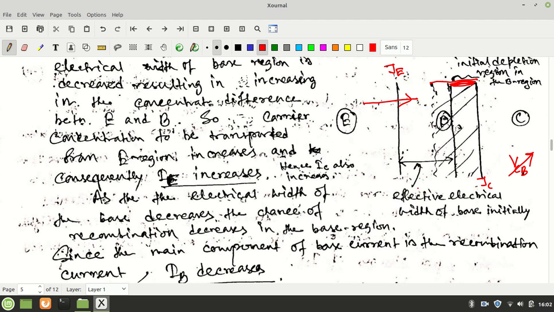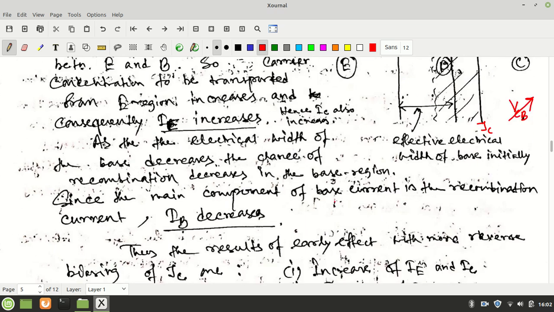So IB will decrease, but IE will increase, because the effective electrical width of the base is decreased due to the increase in collector base voltage. So the charge carrier concentration in the base region is increased, and the emitter has that component, so the emitter current will increase, and as the recombination current gets decreased, the collector current will increase.